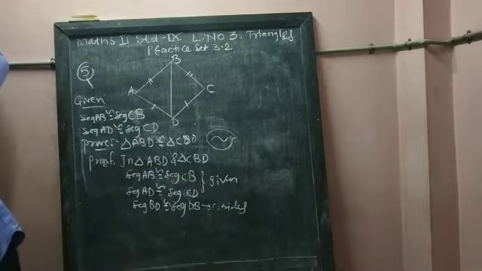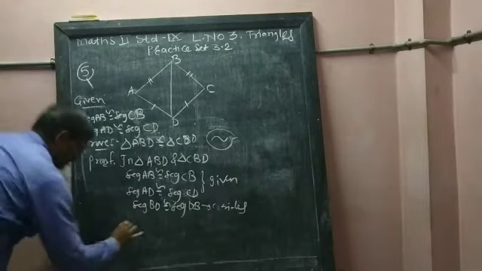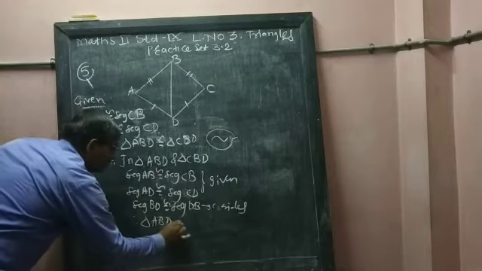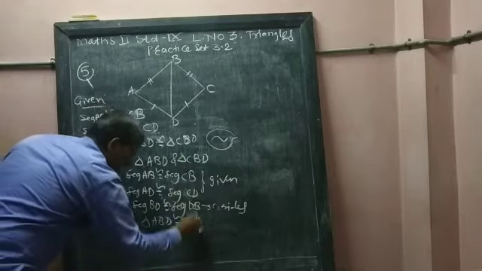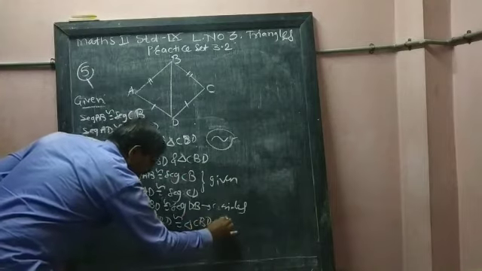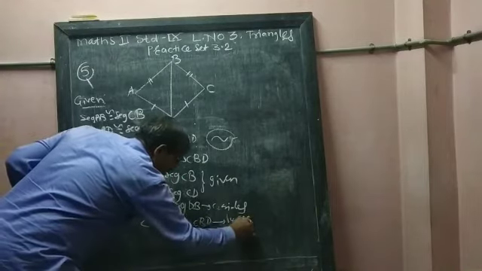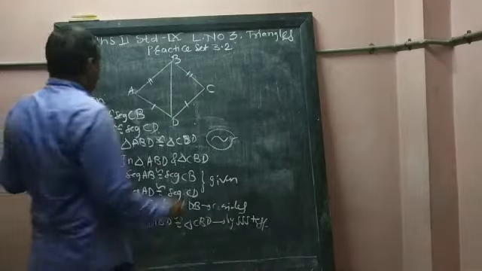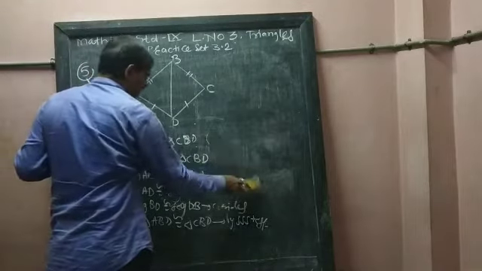Now we will take triangle ABD congruent triangle CBD by which test? By the triple S test. Then which angles are congruent to each other, that we should mention.